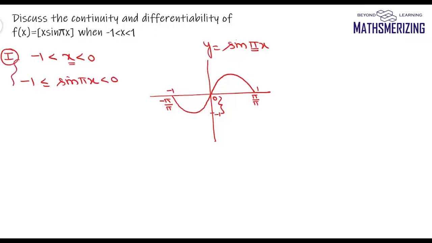Now if I multiply them, when I'm multiplying two negative numbers, I'm bound to get a positive number. And because numerically their values lie between 0 and 1, their product will also lie between 0 and 1. So if I take the greatest integer function of x sin pi x, this value will always be 0. So when x lies between -1 and 0, the value of the greatest integer function of x sin pi x is 0.